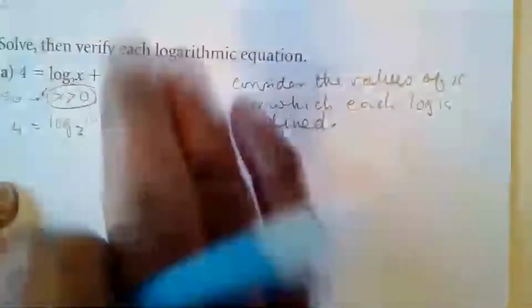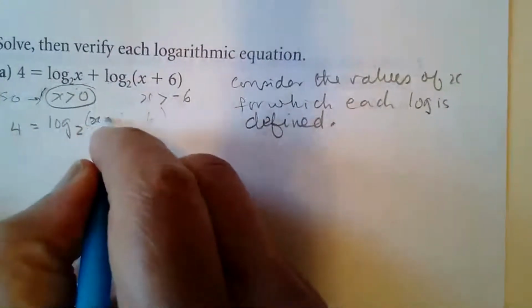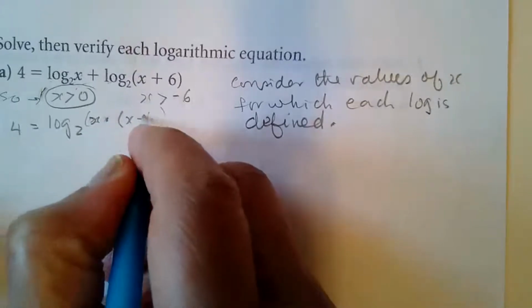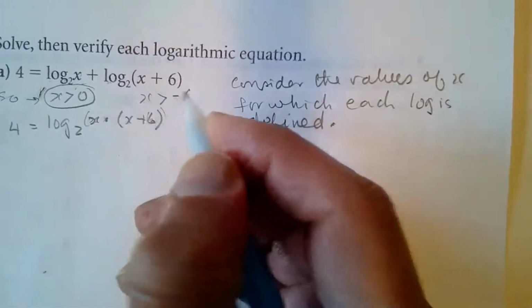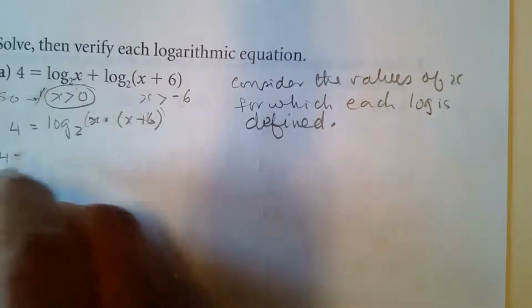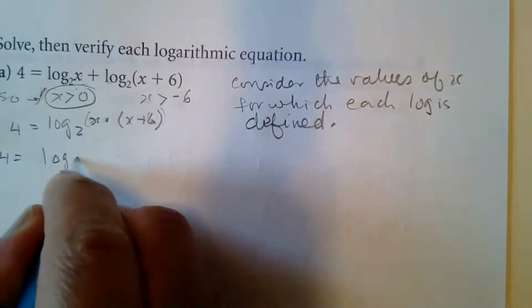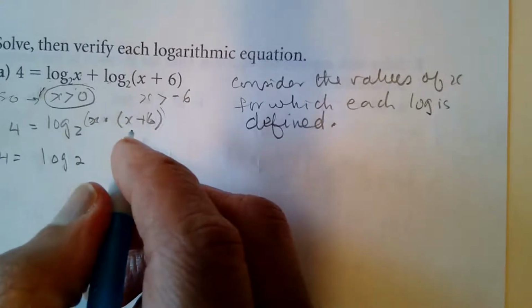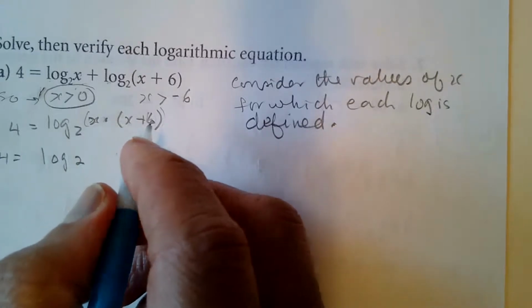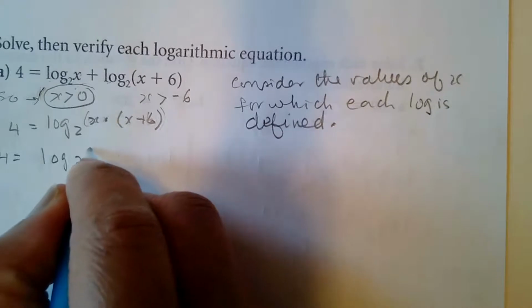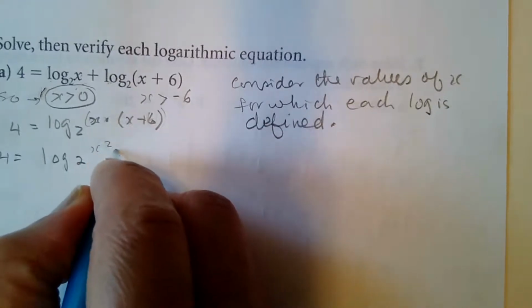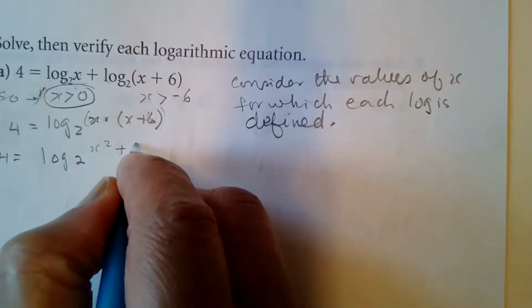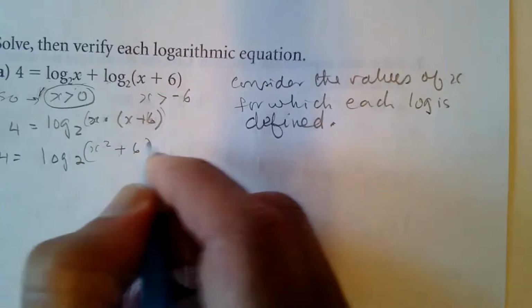Okay, let's rewrite this properly. So it's x multiplied by x plus 6. So 4 is equal to log base 2 of x squared plus 6x.